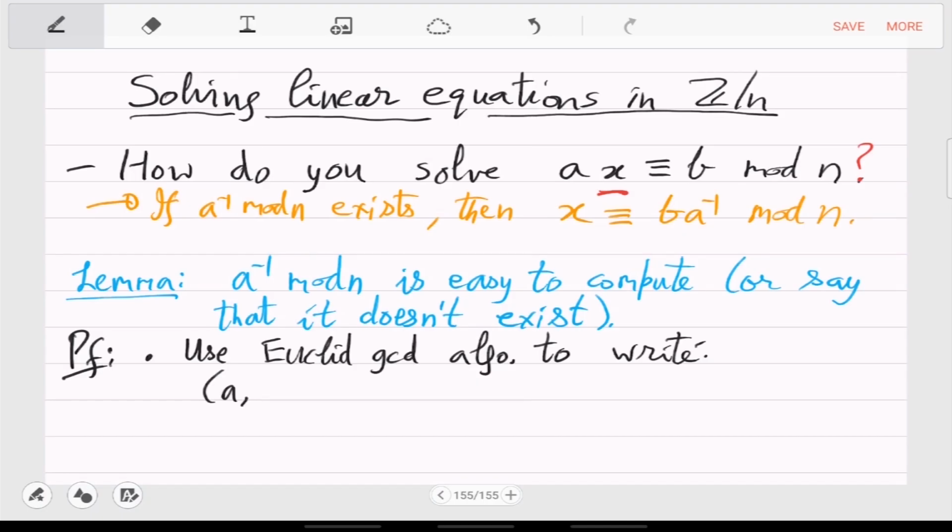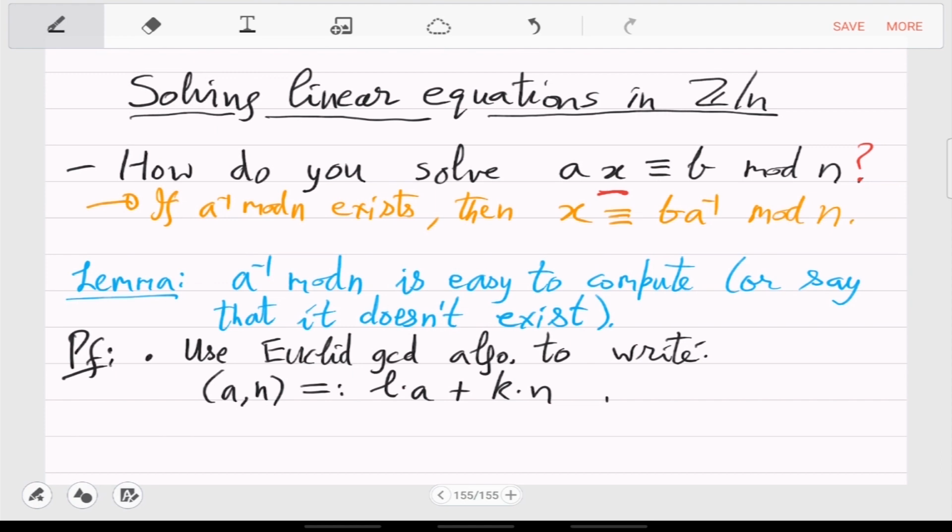So you will get the GCD written as L times A plus K times N. Okay, when you do the extended Euclid GCD algorithm, you will get this K and L. And what now?